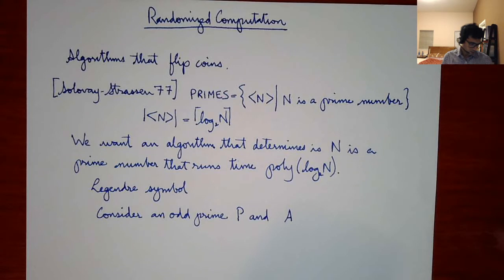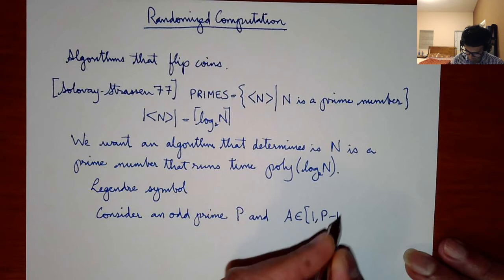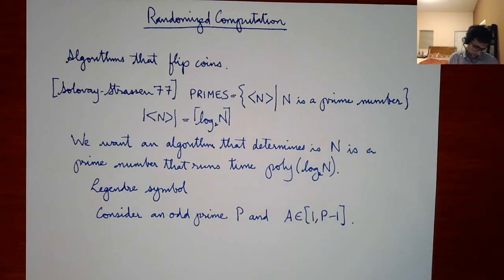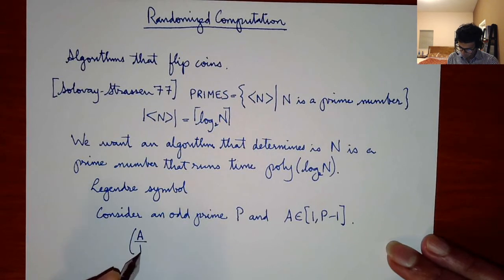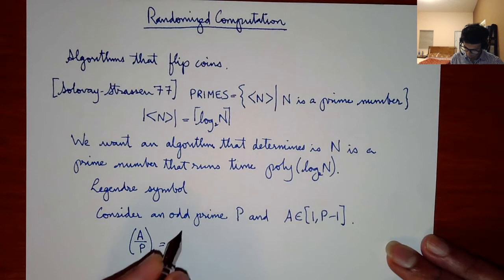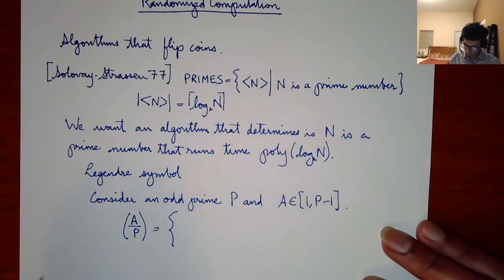And for simplicity, I'm just going to assume that a goes from 1 to p minus 1. This allows me to get rid of certain cases. So the Legendre symbol, which is written as follows, has somewhat of a funny definition, and this is known as the symbol for quadratic residue.